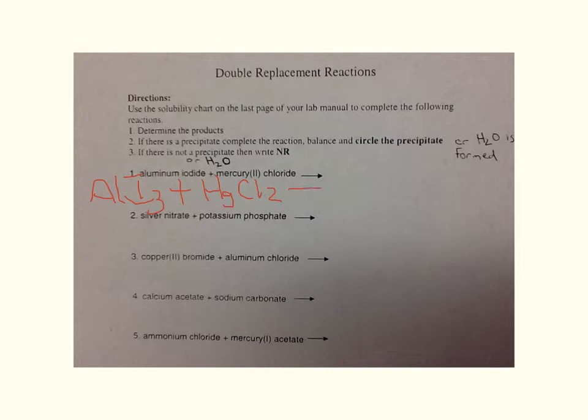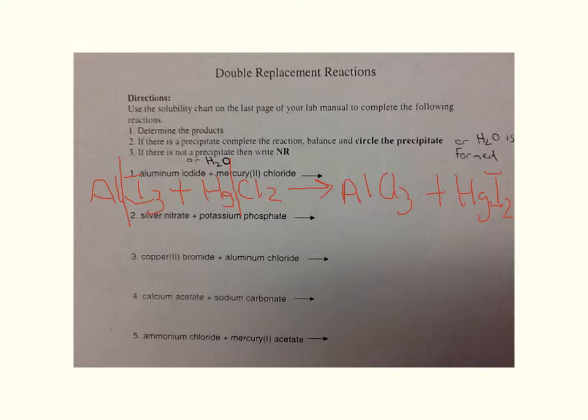Now I'm going to predict the products. Remember how this works. You split them up. The outsides go together, so we get AlCl3, plus the insides go together. Hg, and then I do the crisscross rule, and you'll get I2.